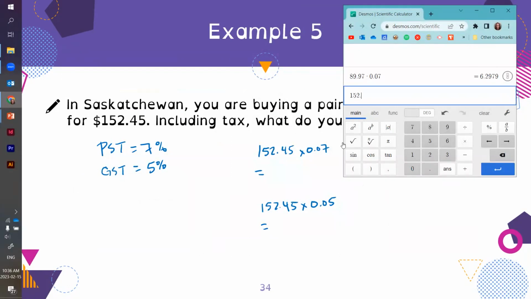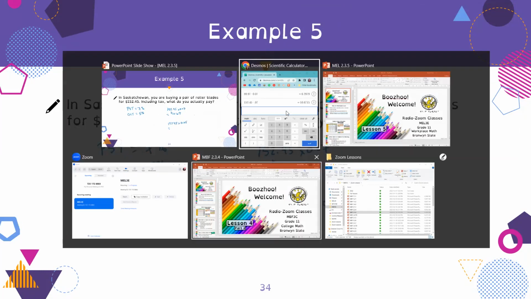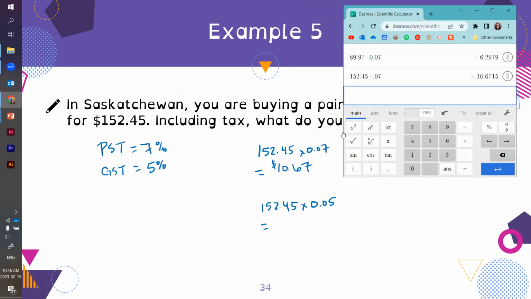So we use our calculator. The PST would be $10.67, and the GST would be $7.62.